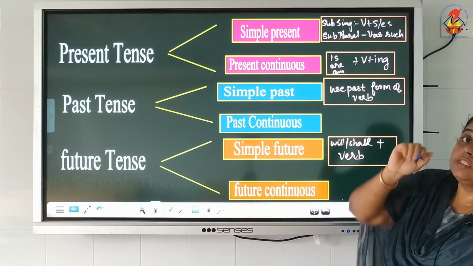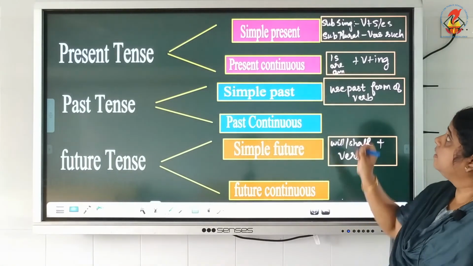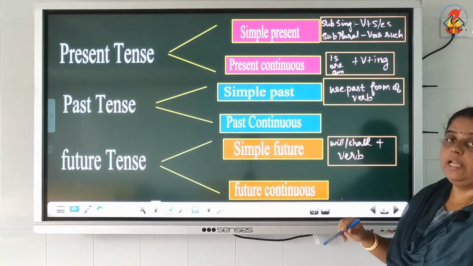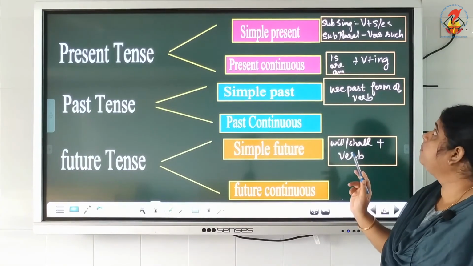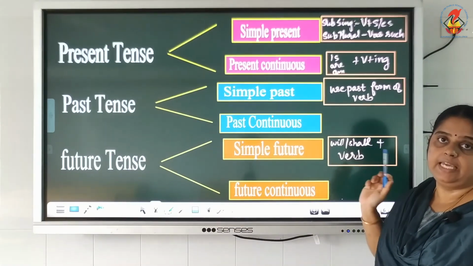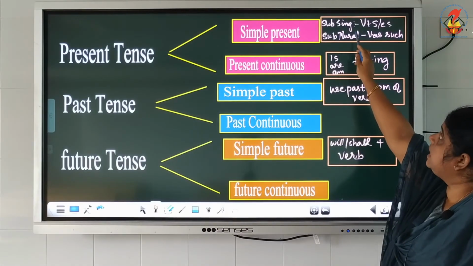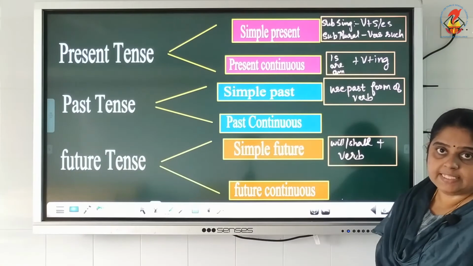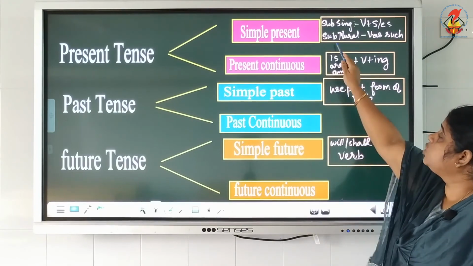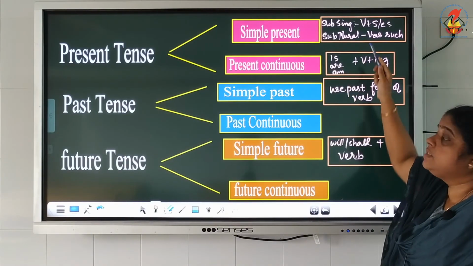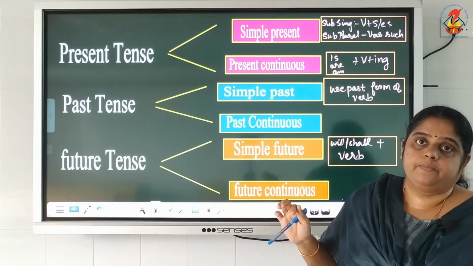Simple present. What was the format of simple present? When the subject is singular, use verb plus s or es. That is the format. And when the subject is plural, you have to use the verb as such.